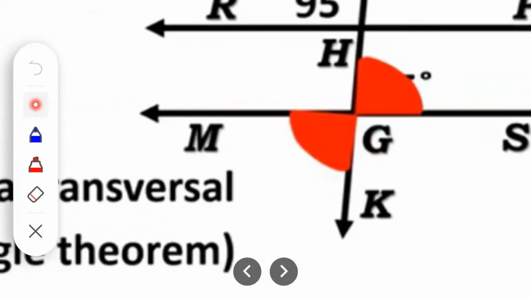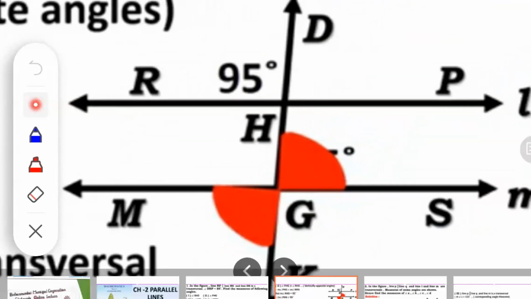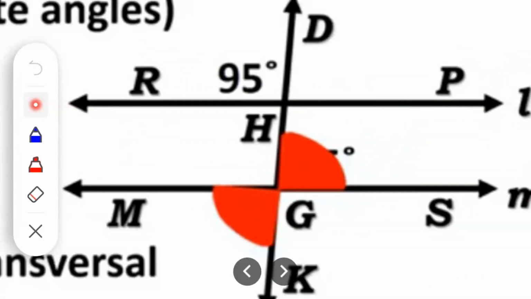See, I'm enlarging the figure. As we know, these are two parallel lines, line RP, you can also write line PR, and line MS. Those are parallel and a transversal is given there. So this angle PHG and angle HGS are interior angles, the angles within two parallel lines and formed on the same side of the transversal.